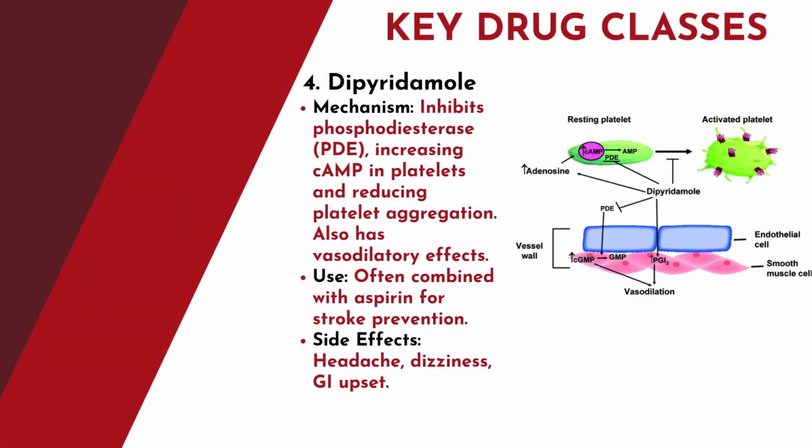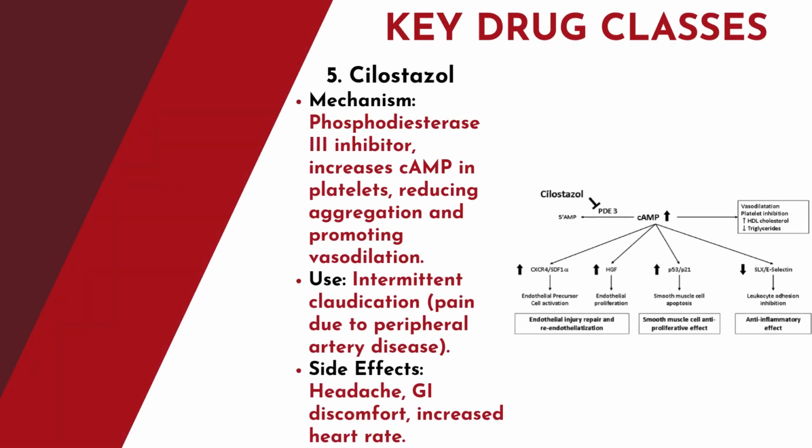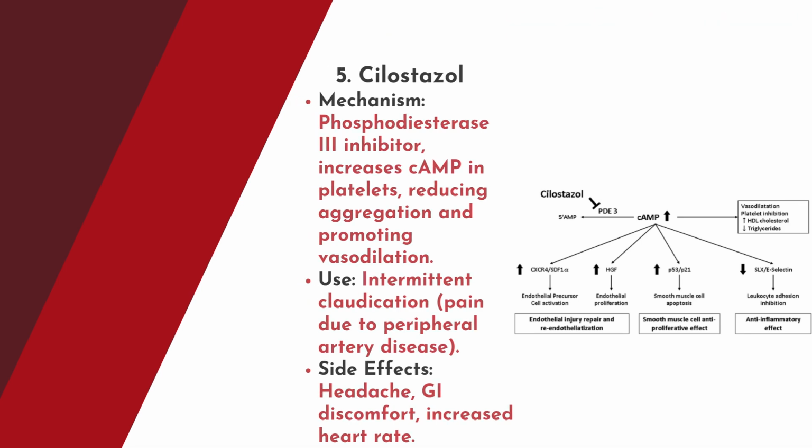Dipyridamole. Mechanism: inhibits phosphodiesterase, increasing cAMP in platelets and reducing platelet aggregation. Also has vasodilatory effects. 5. Cilostazol. Mechanism: phosphodiesterase 3 inhibitor, increases cAMP in platelets, reducing aggregation and promoting vasodilation.